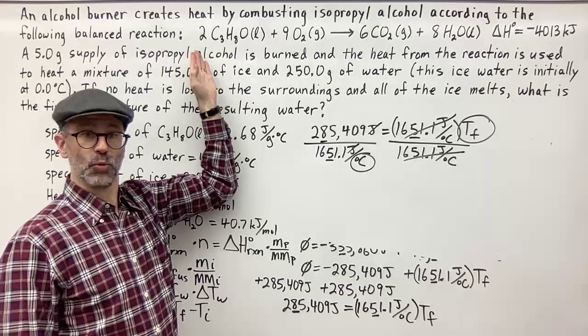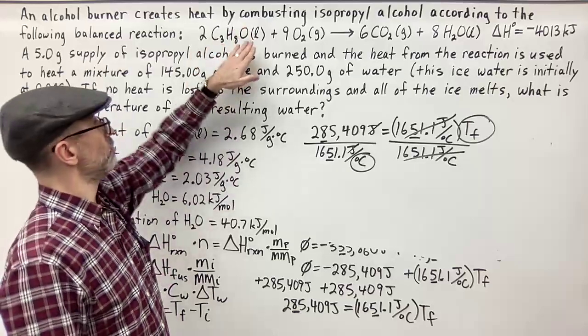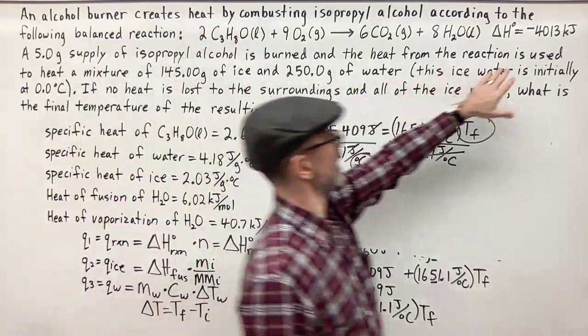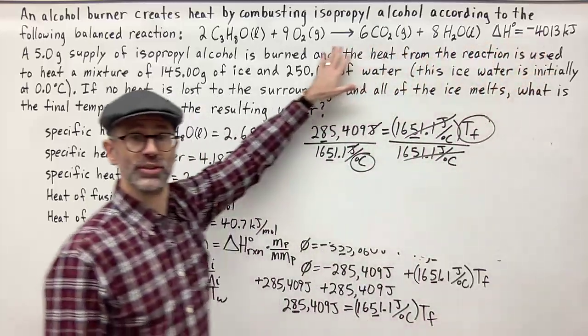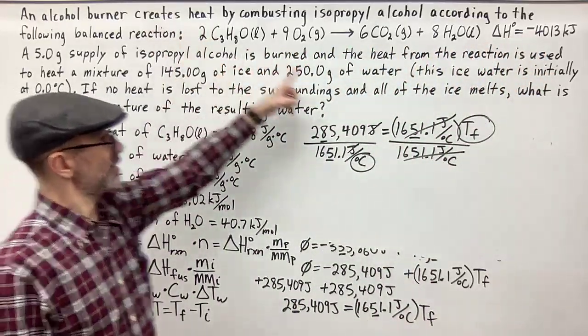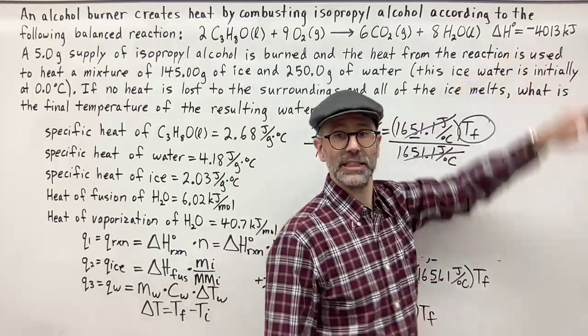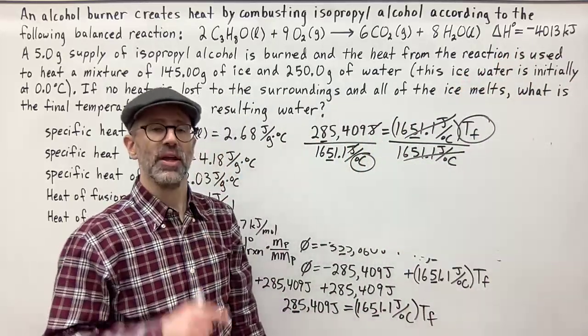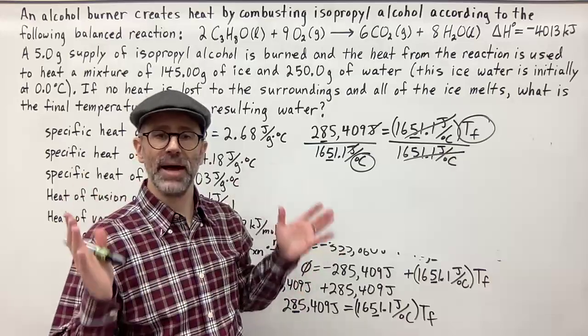So this relationship is related to 2 moles. So the thing you got to remember is that the heat of the reaction is related to the moles, the coefficients. So since I have a 2 here, this is the amount of heat that's burned for every 2 moles, not 1 mole. I was assuming 1 mole, my bad, my mistake.